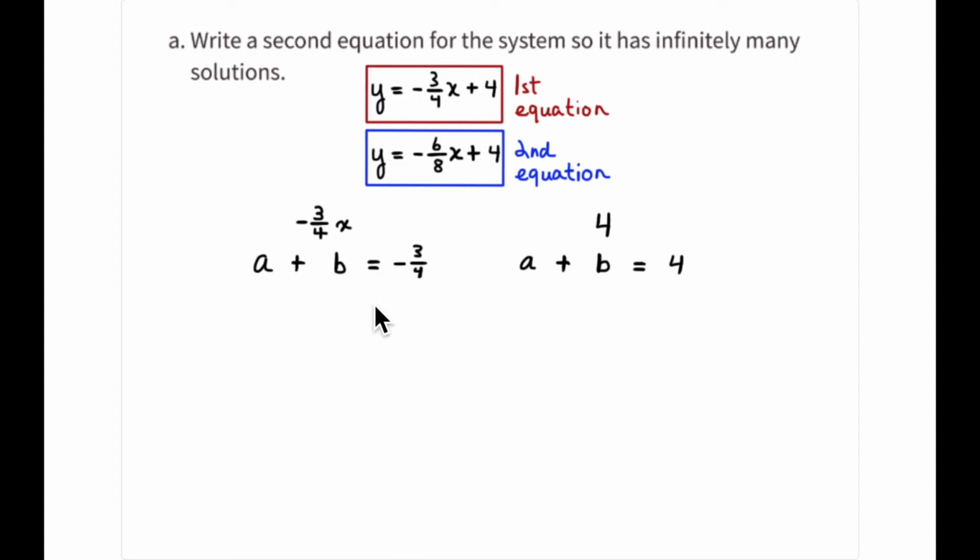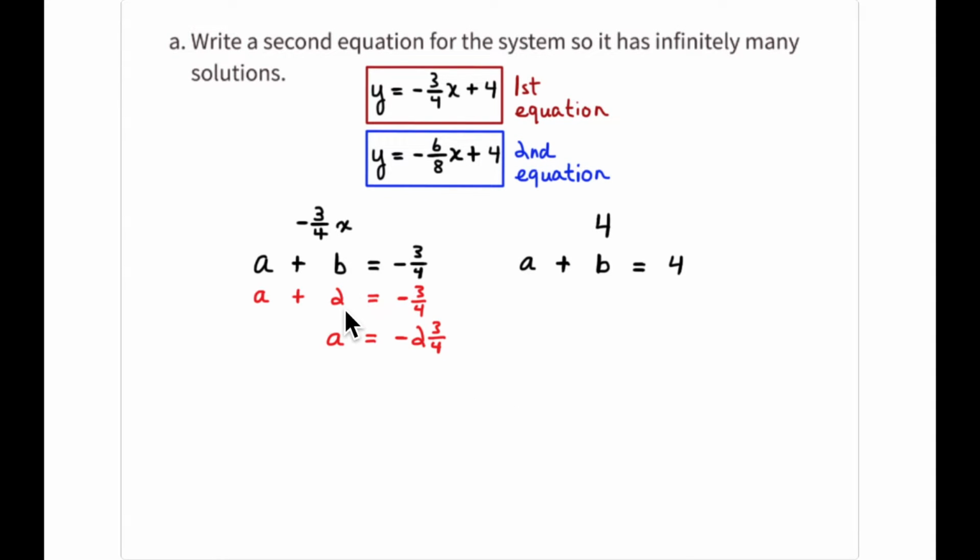I'm going to expand them out to a plus b. And so a plus b equals -3/4, and a plus b equals 4. And so now I can figure out some values for a and b in both cases and just put everything back together, and I will have an equivalent equation.